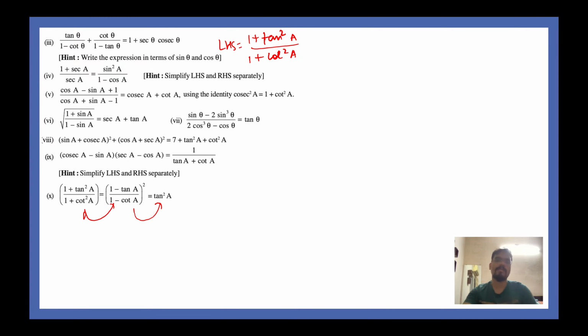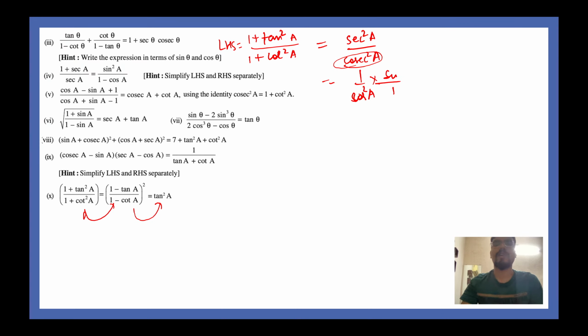Remember the property, 1 plus tan square A is nothing but sec square A. So you write sec square A on the top, and 1 plus cot square A is nothing but cosec square A. Now sec square A can be written as 1 upon cos square A, and cosec square A here can be written as 1 upon sine square A.